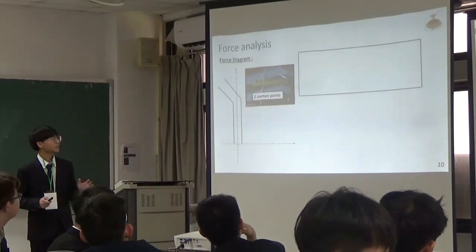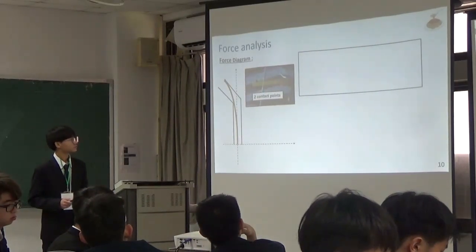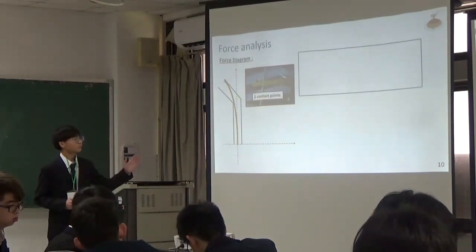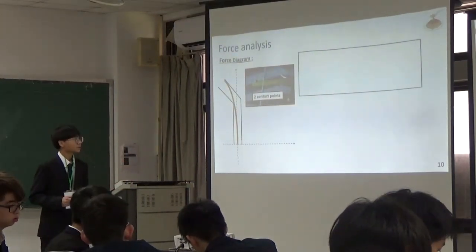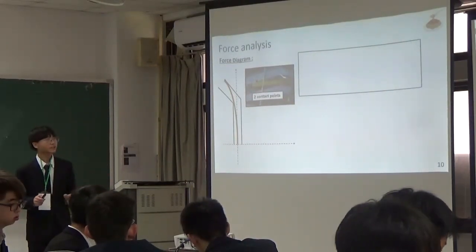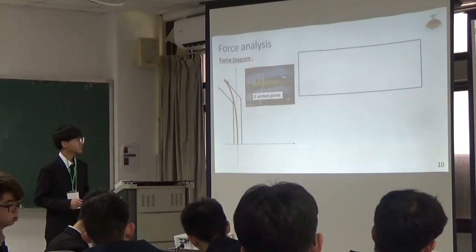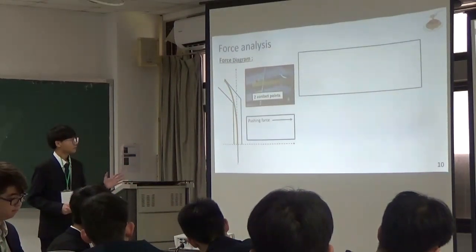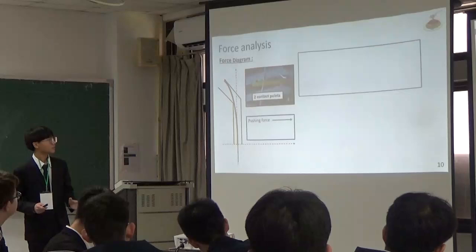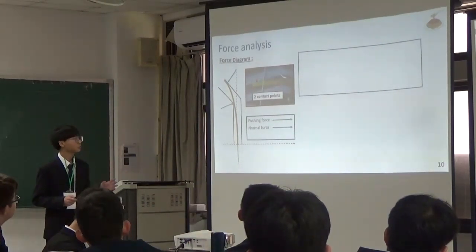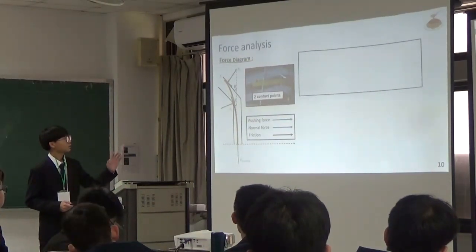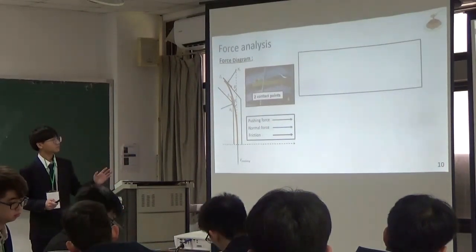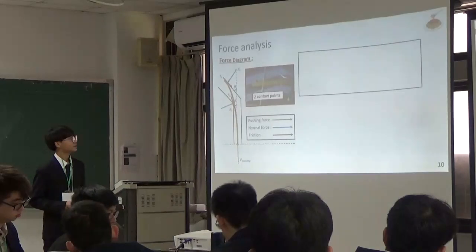And next, we analyze the force. As you see in the last frame before the spaghetti ejects, the spaghetti is actually in contact with 2 points. And if we push the spaghetti into the bending tube, the 2 contact points will generate the normal forces, which we call N1 and N2.